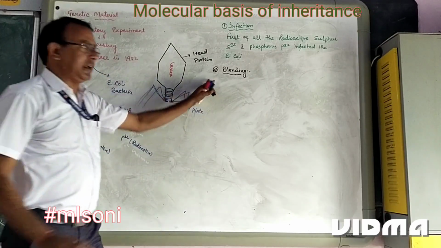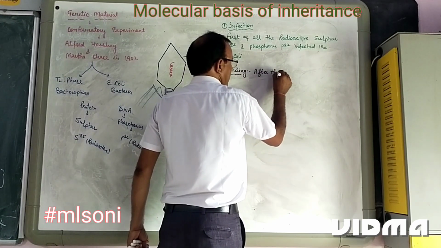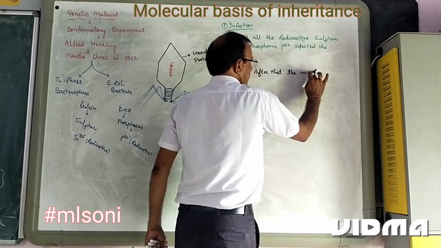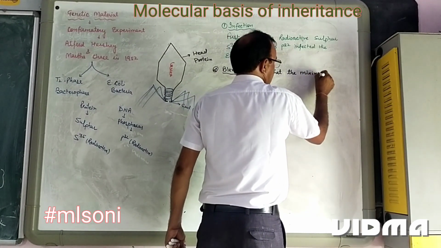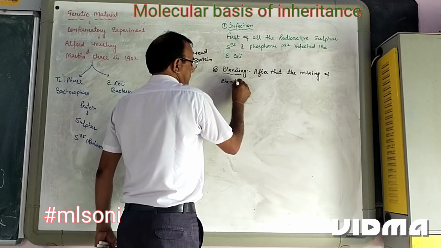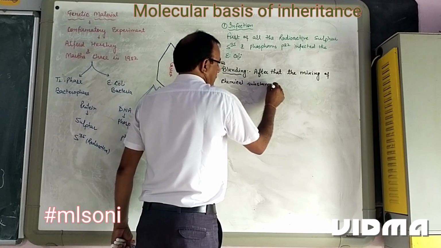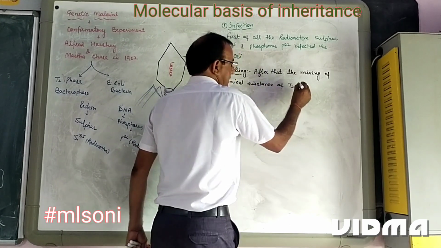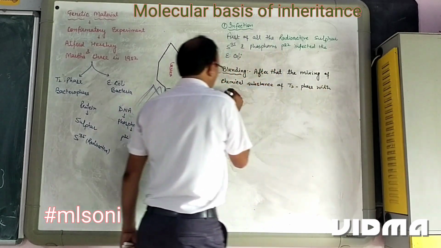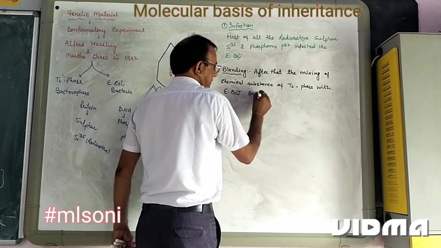That is called blending, the mixing of the chemical substance of T2 phage with E. coli bacteria.